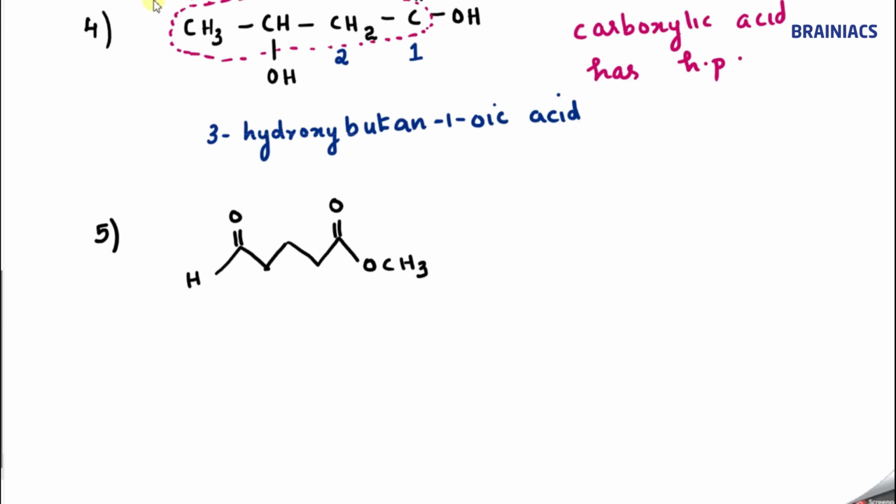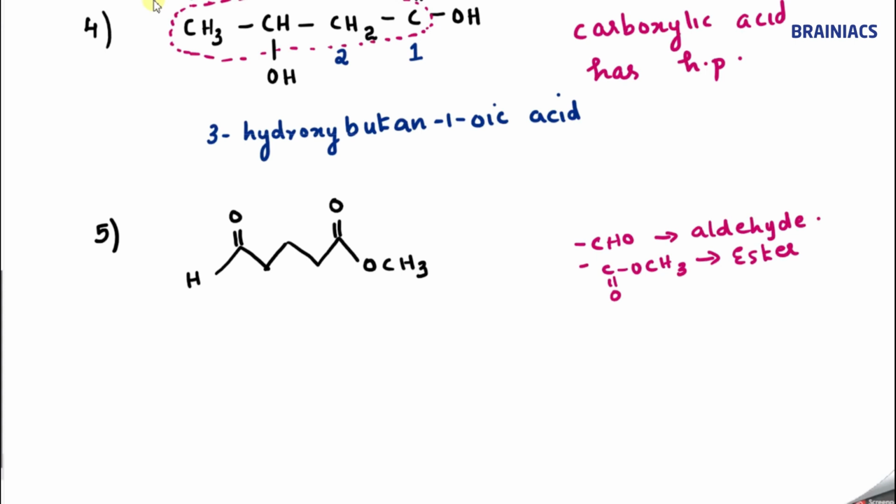You can see the CHO group is present, and the other group present is COOCH3. So what is this group, COOR? This is ester, correct? And this is aldehyde, correct? We know that in the priority table, ester comes first. So ester will get the priority.